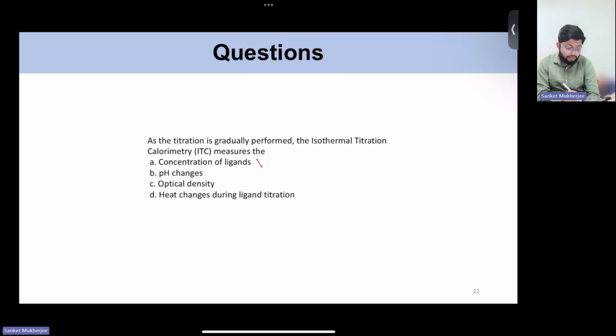It does not measure the concentration because concentration is fixed in the injection, right? pH change is also not checked. Optical density is not measured. There is no detector, but the heat change is actually detected.